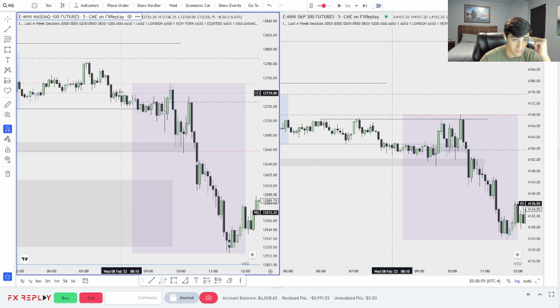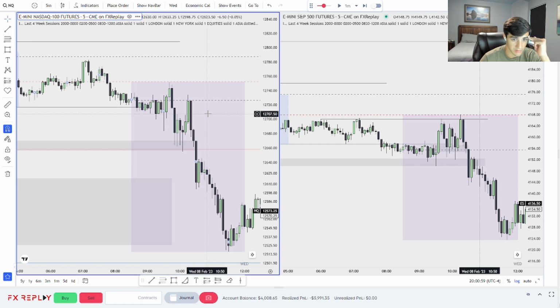Wow, this is what NQ did. NQ just displaced lower, respecting the order flow from the left of the chart.